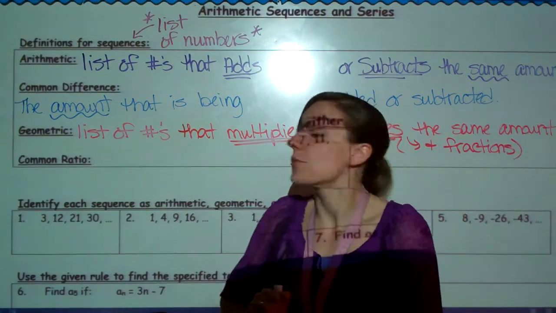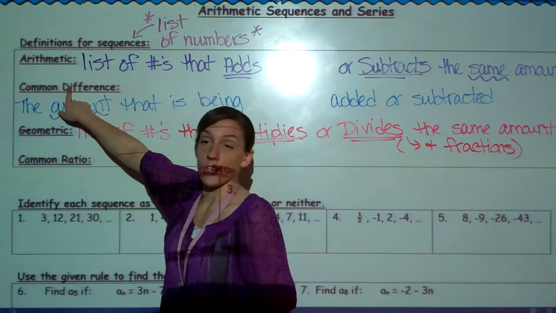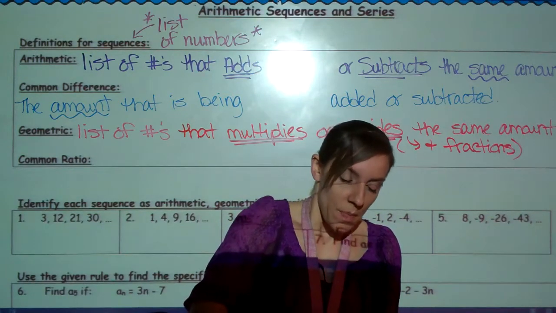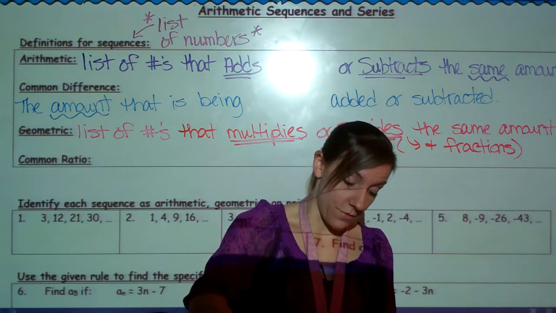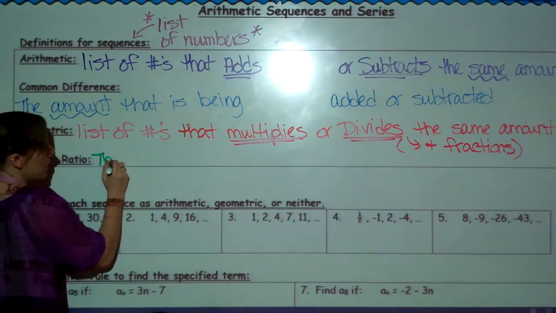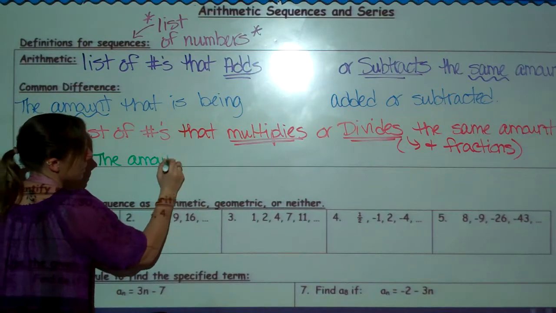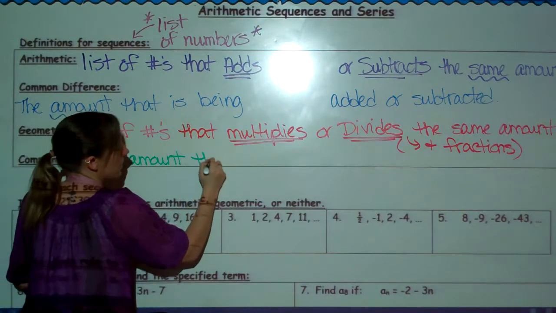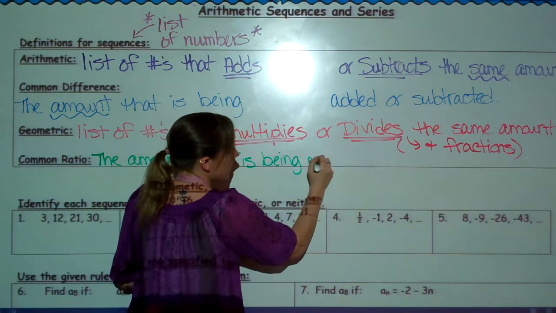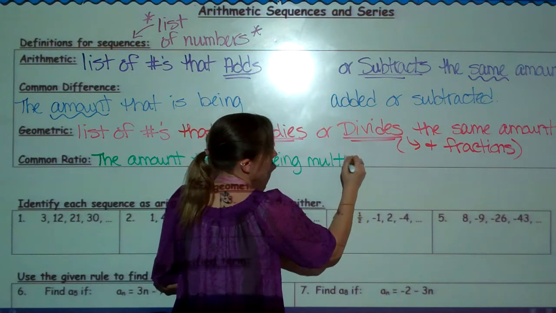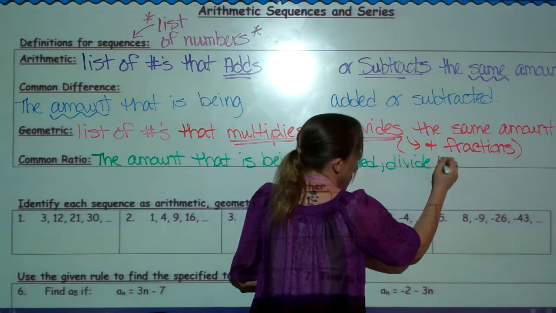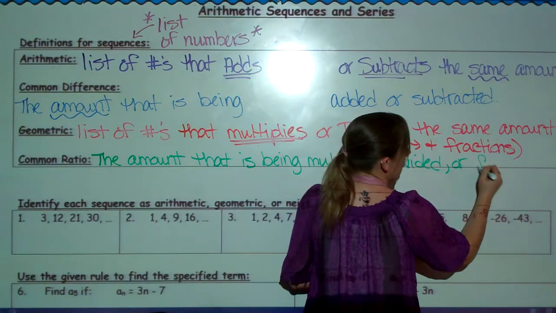Okay, so the common ratio. D stands for difference. Okay, that's what we're adding or subtracting. Remember, difference means subtraction. And then ratio, well, ratio is a fraction. So the ratio is the amount that is being multiplied, divided, or it's that fraction.